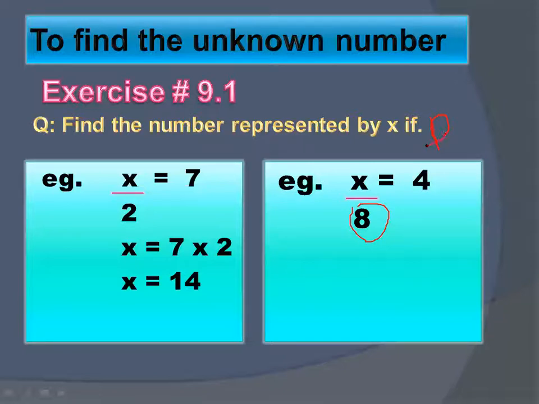Okay, this is the right side. But how? Here it is dividing with the x, so on the right side it will be multiplied with the number 4. First of all, write x here on the left side, then equals to, then write 4, and then it will become 4 multiplied by 8.